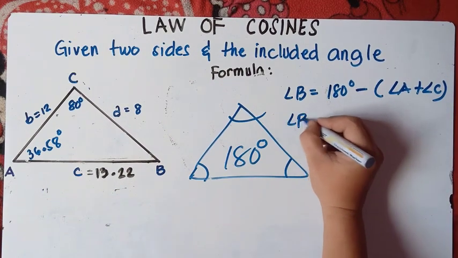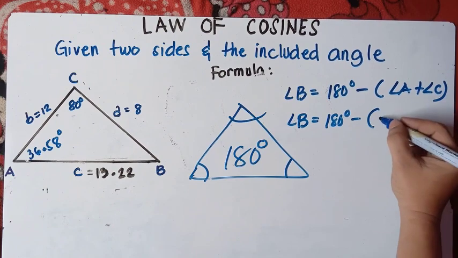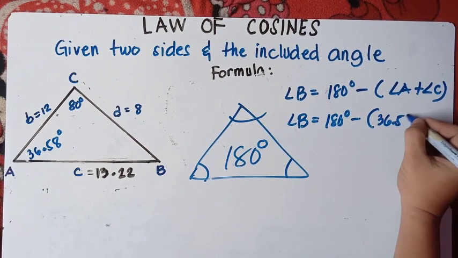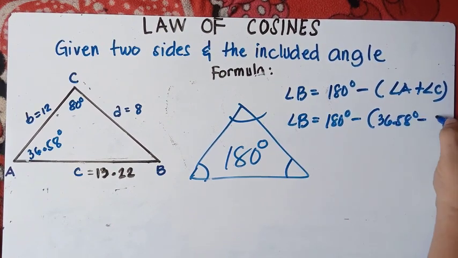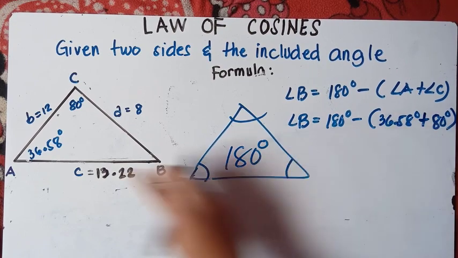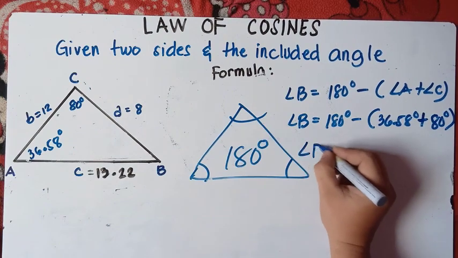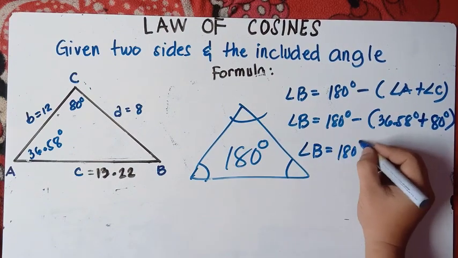So angle B equals 180 degrees minus angle A, which is 36.58 degrees, plus 80 degrees. You add the two angles and then subtract from 180.